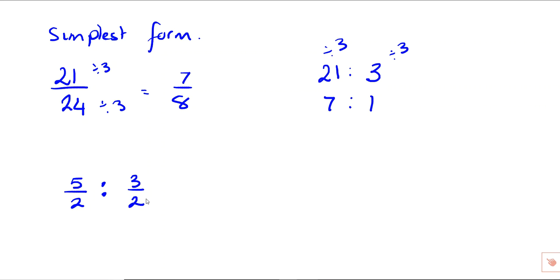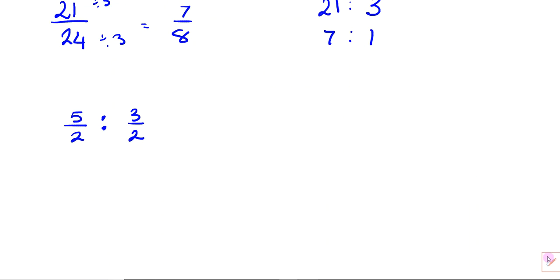Well, what would happen if I divide by 3 with 5 to 2? 5 over 2 to, I don't know. Not divide by 2, but if I multiply both by 2, what do I get? Oh, 10 over, nope. Because 5 over 2 is 5 divided by 2. So if I do 5 divided by 2 times 2, what do I get? Did you get that?